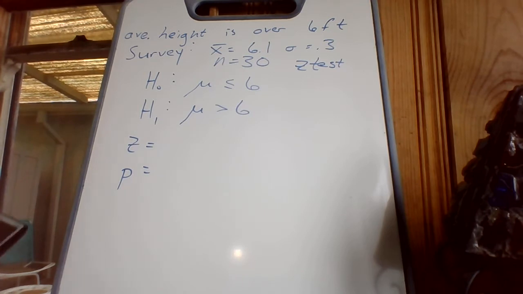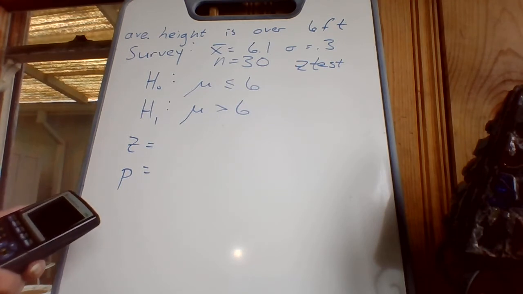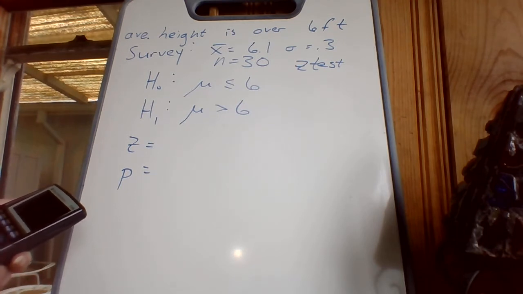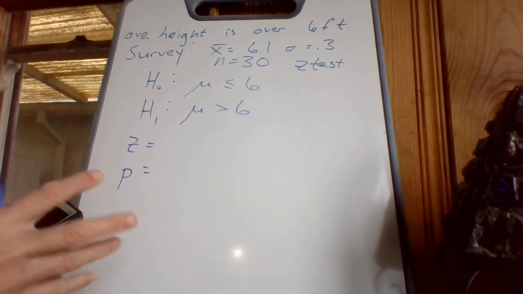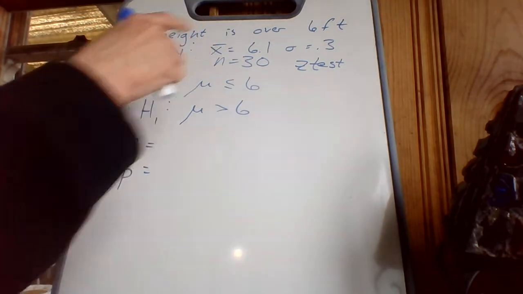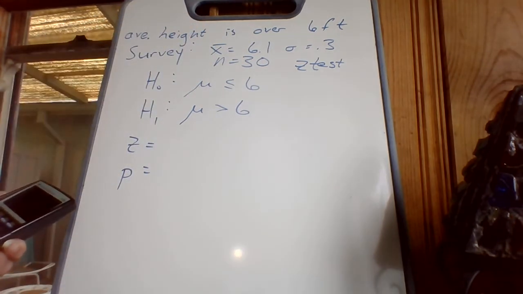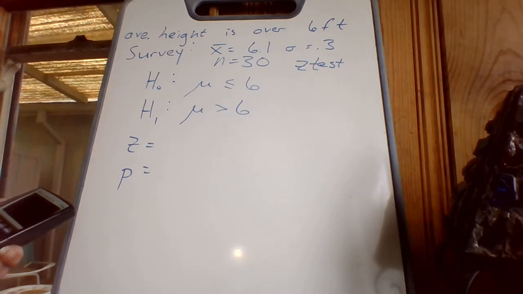Great. Now I got enough stuff. I go to the calculator. Stat, tests, z-test. It's the very first one. I'm inputting stats, mu0. Now, anytime it has that little 0 down there, it just reminds you that's the other person. Other person said 6. So put that there. Then it says sigma. All right, sigma is 0.3. X bar, that's me, 6.1. And n is 30.